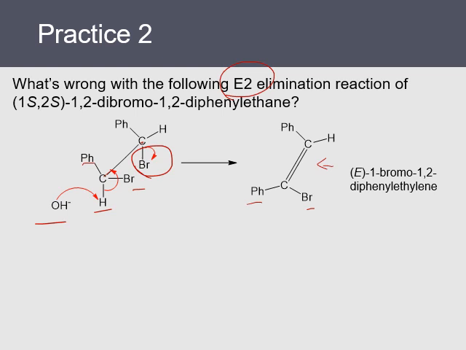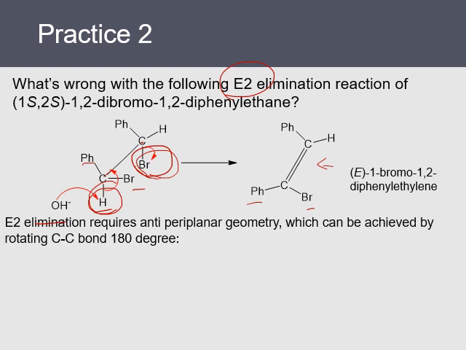So what's wrong? The problem is that the hydrogen here that is deprotonated and the leaving group are on the same side. The requirement for E2 elimination is that they must be at 180 degrees. It's called anti-periplanar structure.